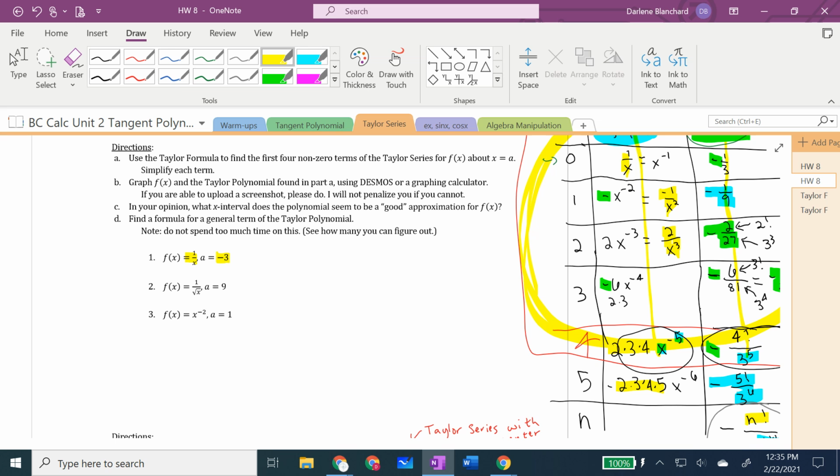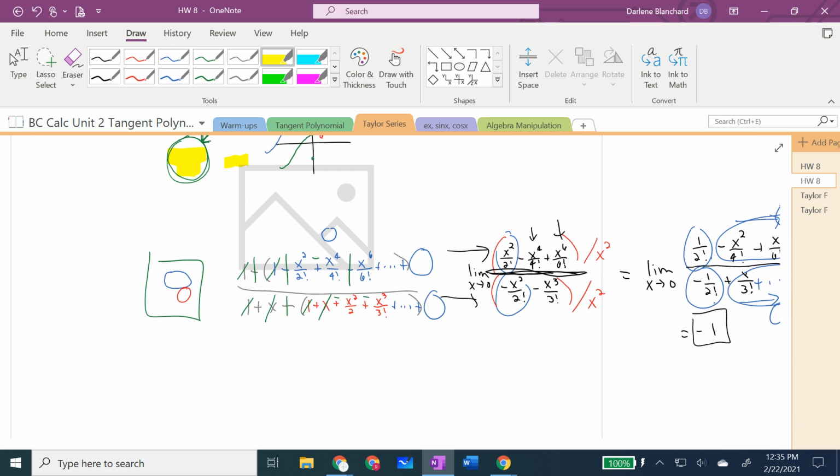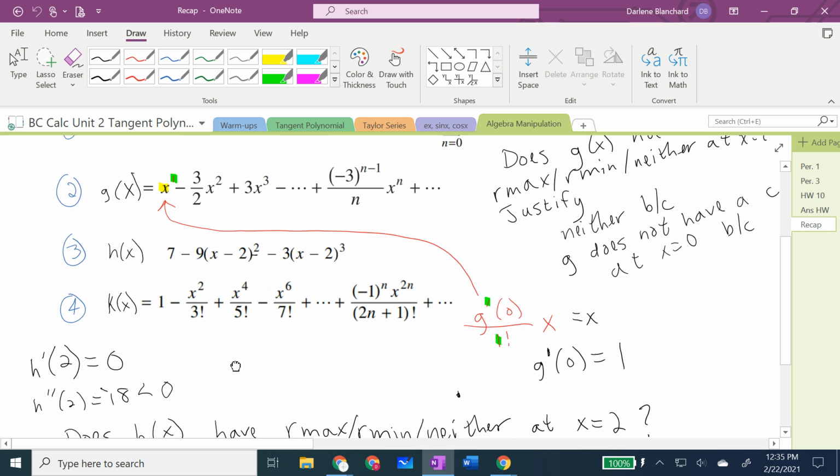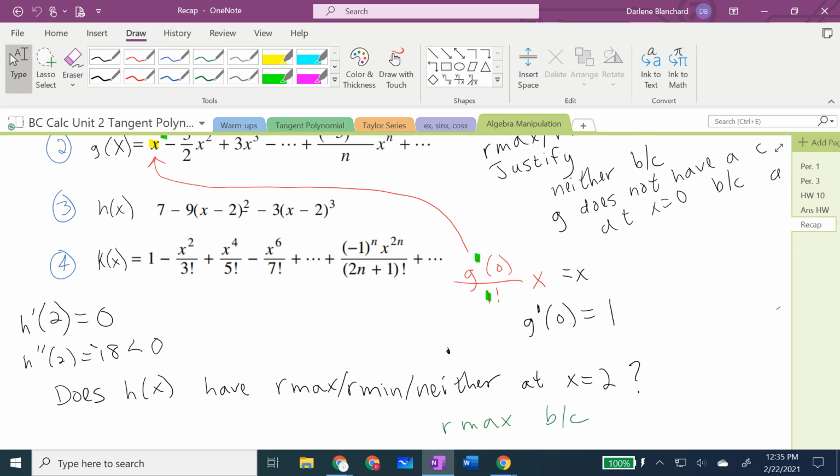Then the other questions are going to involve what we looked at today with the recap. Can you determine, by the first few terms of a Taylor series, if that function has a relative max, relative min, or neither at the center x coordinate?